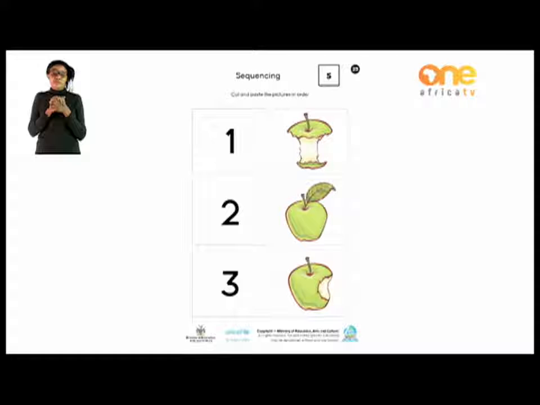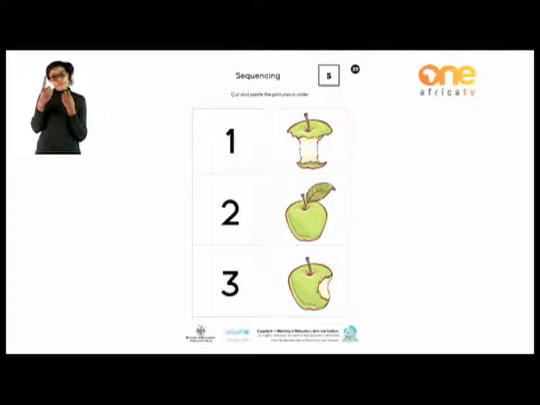When we take the apple out of the fridge, how will it look? Will it be a whole apple or will it be an apple that is finished? It will be a whole apple when we take it out of the fridge. So, the whole apple you will paste at the back of number 1.